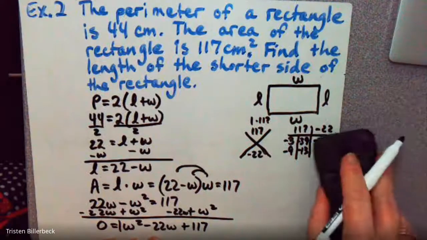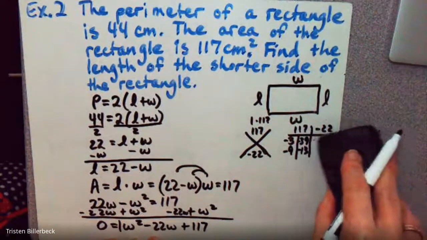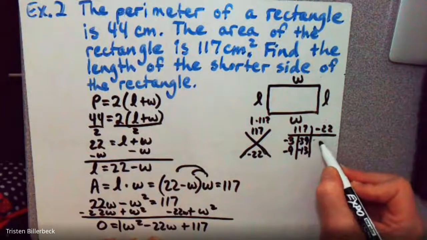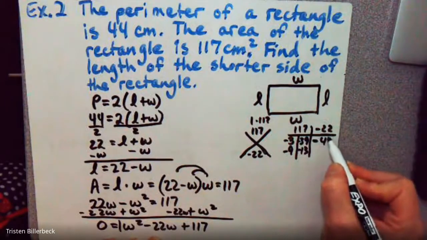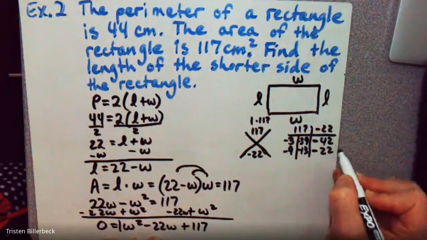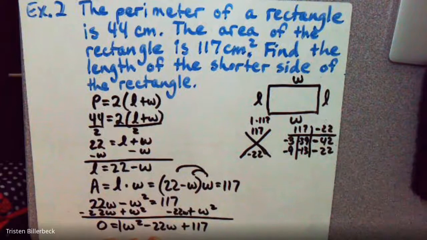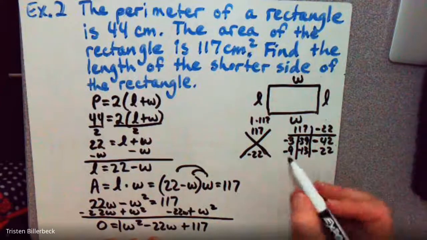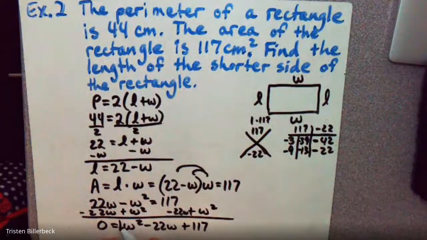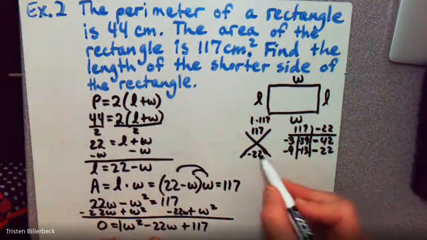Let me fix that really quickly. That gives me negative 22, which is what we're looking for.